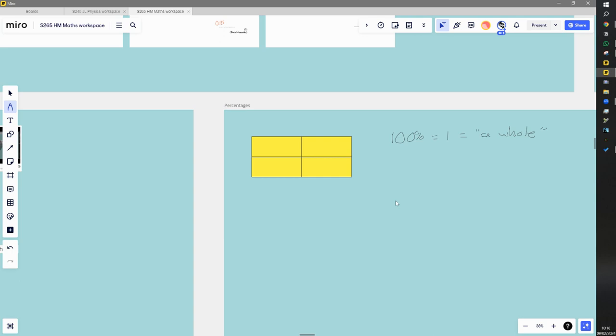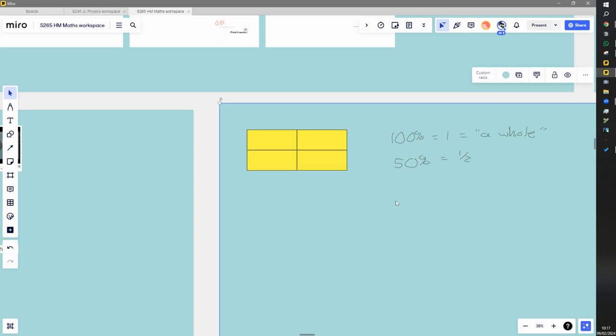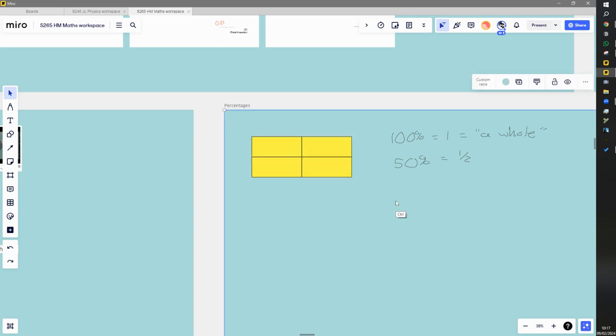Okay, so 50% of it would be half of that, right? So therefore 50% would be a half, because 50% is half of 100%. And 25% is half of this one.